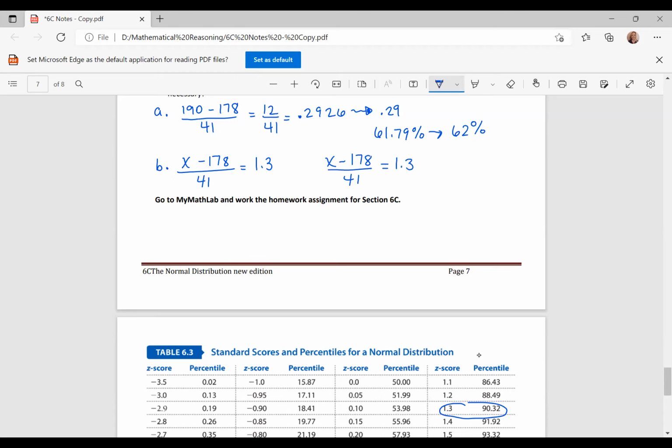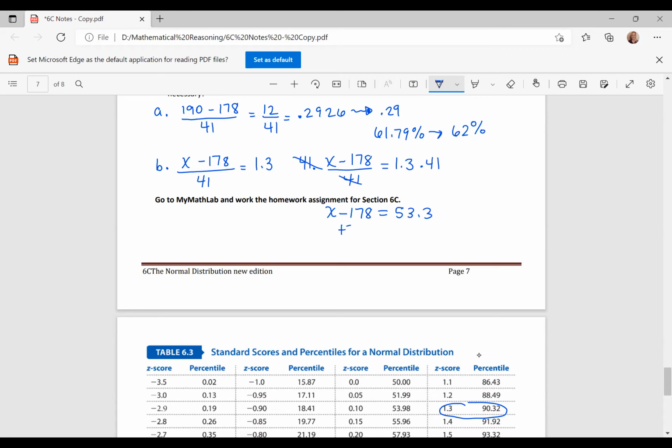You're going to need to get rid of the 41 on the bottom of the fraction. So I'm going to multiply both sides by 41. 41 divided by 41 is 1, so those cancel out because they turn into a 1. 1.3 times 41 is 53.3. We're almost done. We need to solve for x.